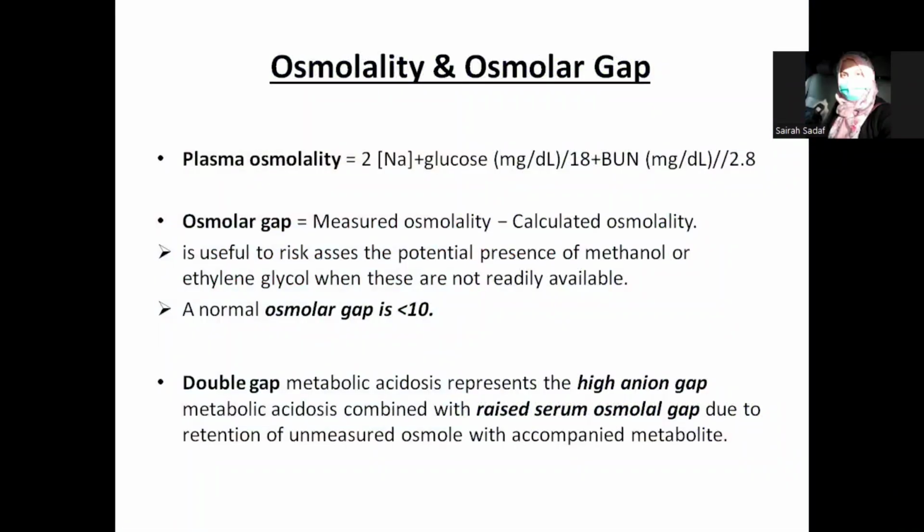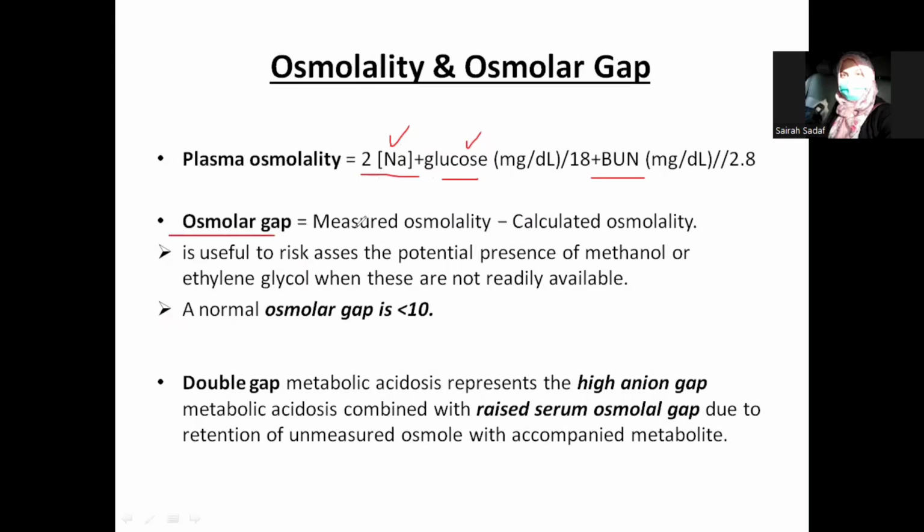Now, about the osmolality and osmolar gap, I will just briefly show you the formula and what the osmolar gap and the double gap are. Basically, these are some terms I want all of you to know. This is a formula where we calculate the plasma osmolarity. This is 2 multiplied by sodium, and we need glucose and BUN as well.